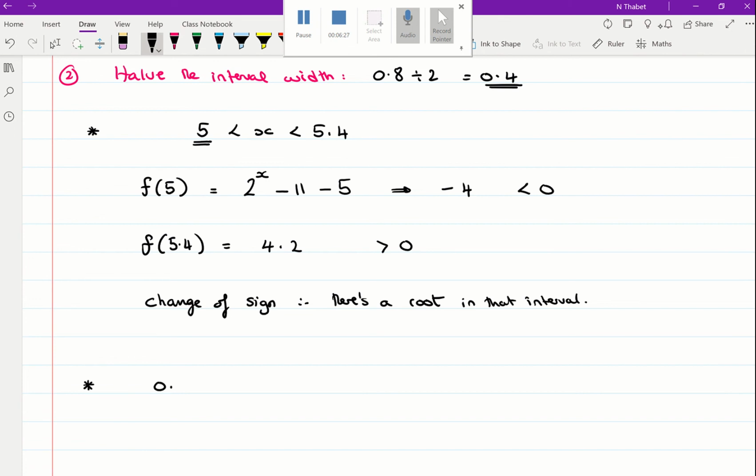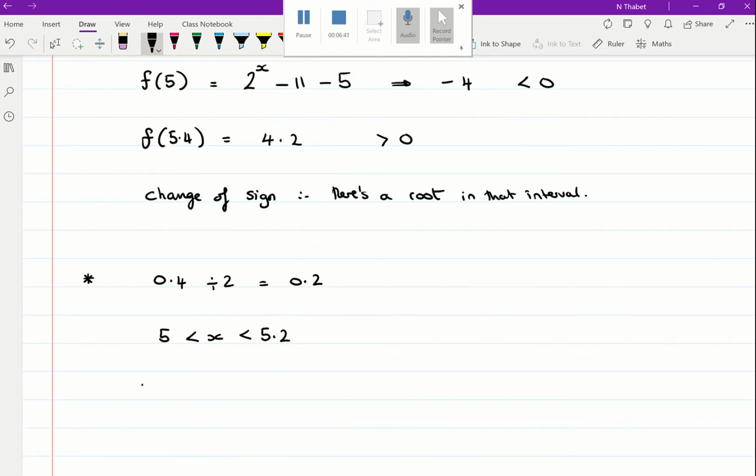I get 0.4, that interval, and I halve it again, and it gives me 0.2. And I start from the first value of x, and I go to 5.2, and I substitute that into the equation. So I know this is minus 4, I've found it before, and I substitute in 5.2, put that into my calculator, and I get negative 2.